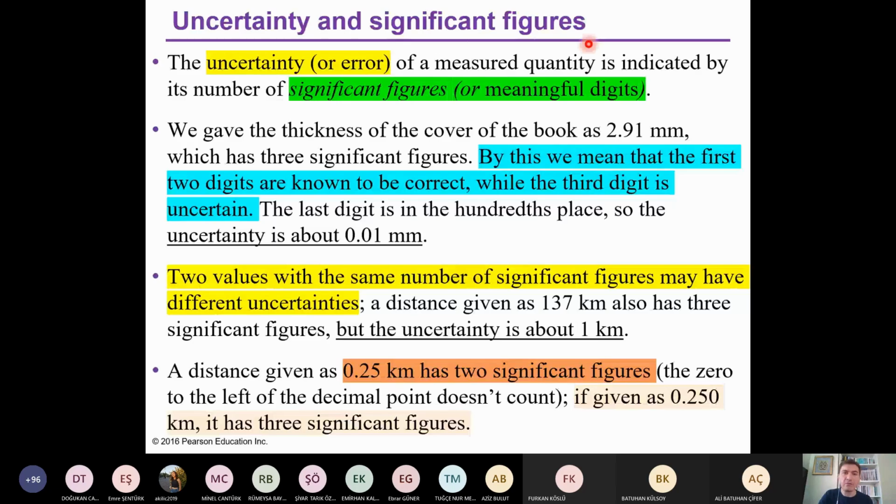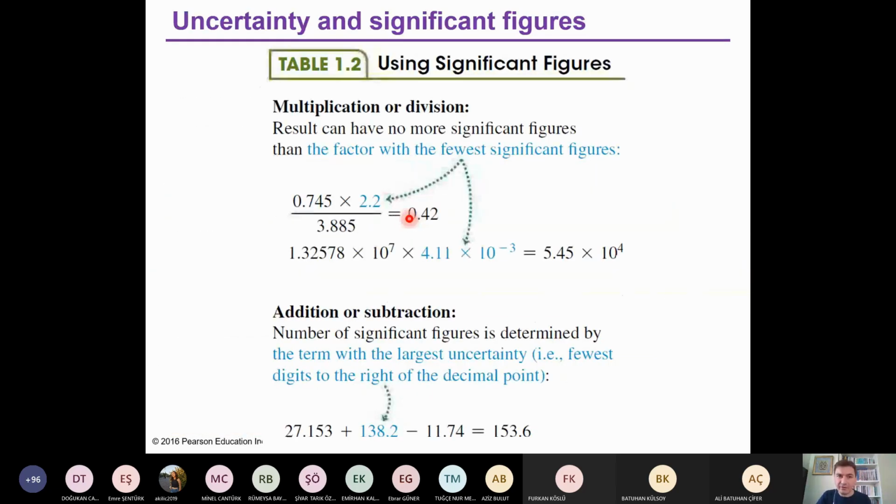I will give you some more examples. So how to use significant figures? For example, you are doing multiplication or division. So look at this one. Here, just concentrate on this transparency. Here we have a number with 3 digits after the point. Okay, so significant figures 3.